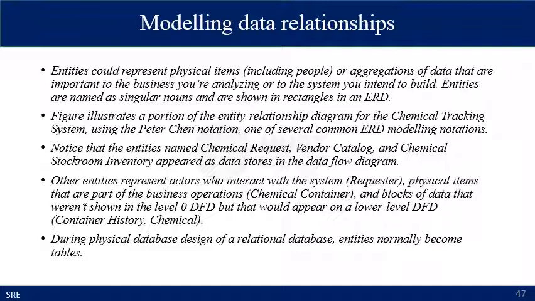Entities are named as singular nouns and are shown in rectangles. The figure in the previous slide illustrates a portion of an entity relationship diagram for the chemical tracking system using the Peter Chen notation, which is one of several common ERD modeling notations.